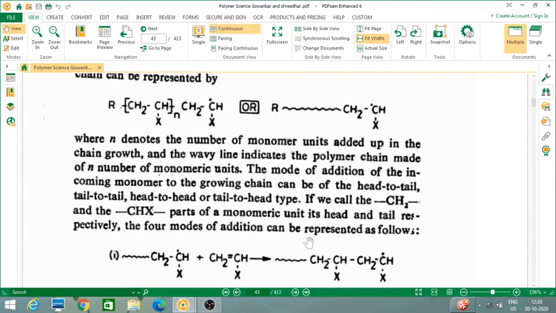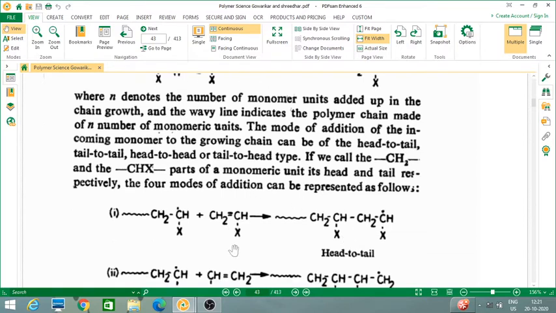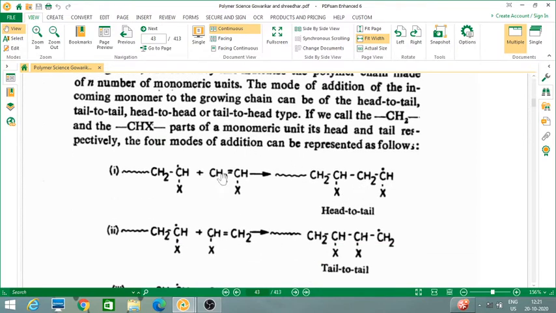The four modes of addition can be represented as follows. So CH2 is the head, CHX is the tail. In this case, CHX is getting added to CH2, so I can say it is head to tail, because I am adding this CH2, which is the head, to CHX. Therefore, head to tail.